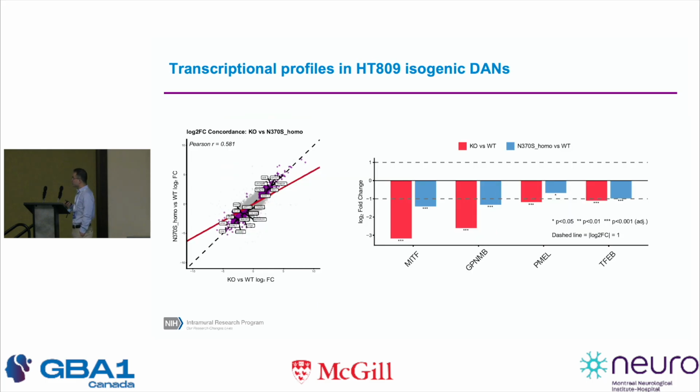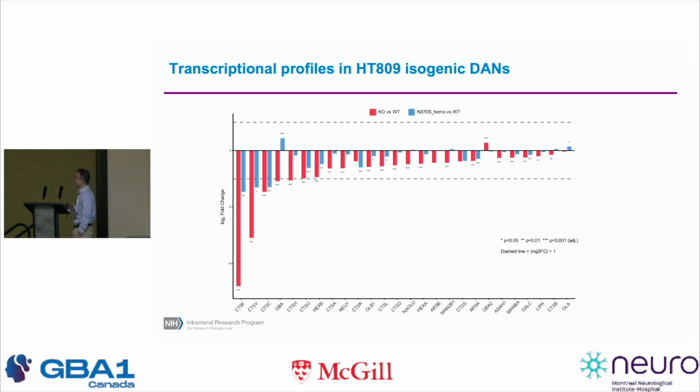To see whether the lysosomal changes we see are driven by transcriptional regulation, we generated RNA sequencing data from these cells as well. N370S and the knockout DA neurons exhibited similar changes. When we look at GPNMB, its homolog PMEL, and their master regulators MITF and TFEB, we saw a clear reduction in the knockout cell line.